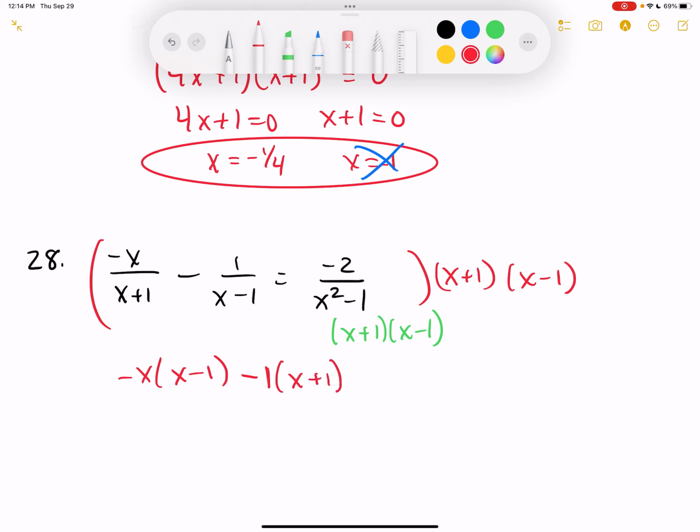I'm going to write the 1 there for the sake of the fact that it's a negative, so we make sure we don't forget about it. The denominator completely cancels with the next one, so it's negative 2. Negative x squared plus x minus 1 equals negative 2. So x's go away, add the 2 over, negative x squared plus 1 equals 0.